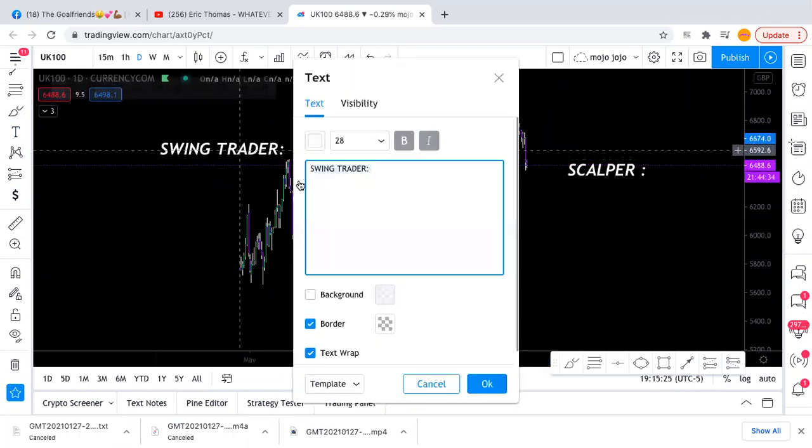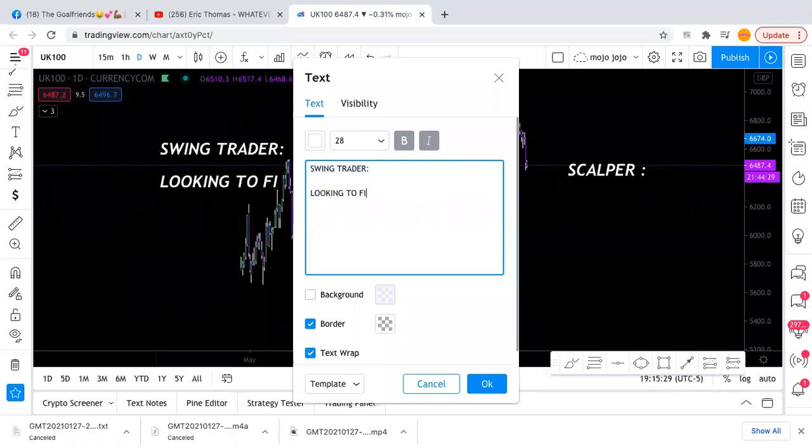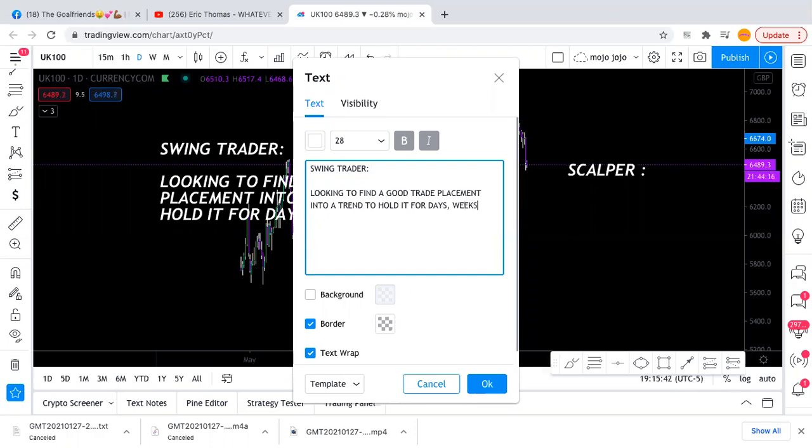A swing trader is a person that is looking to find a good trade placement into a trend to hold it for days, weeks, months at a time.